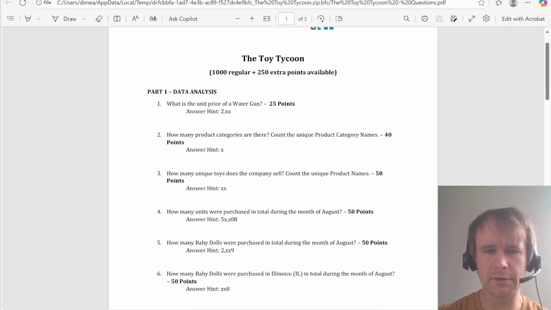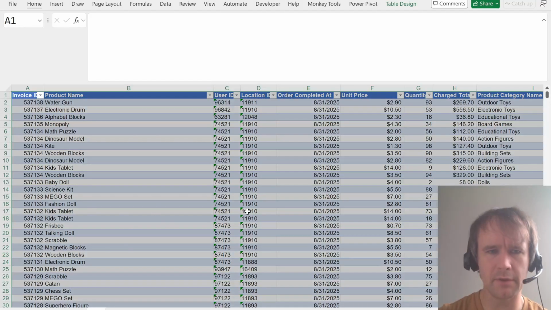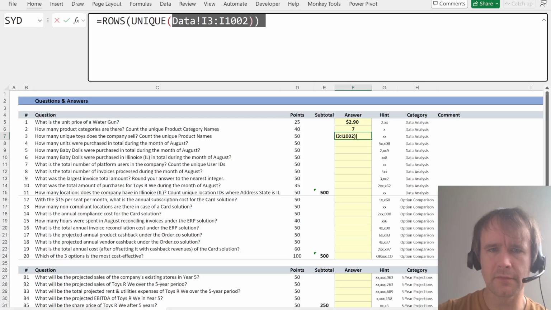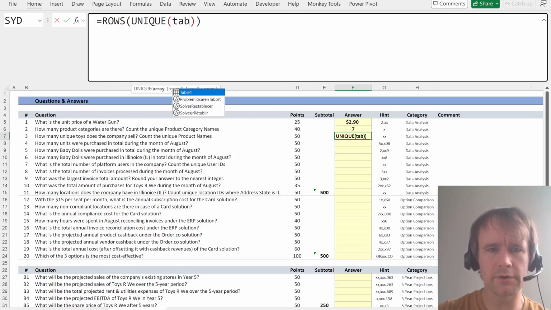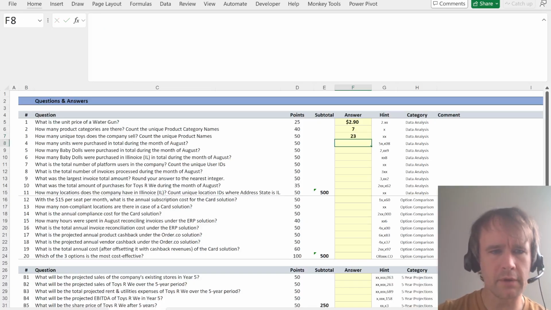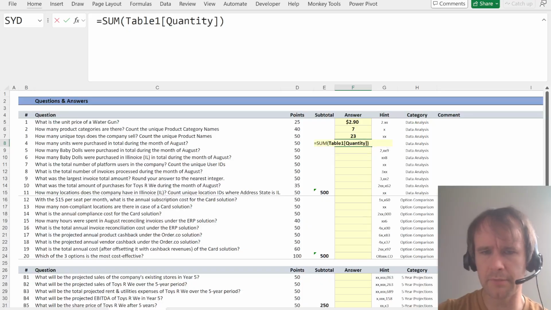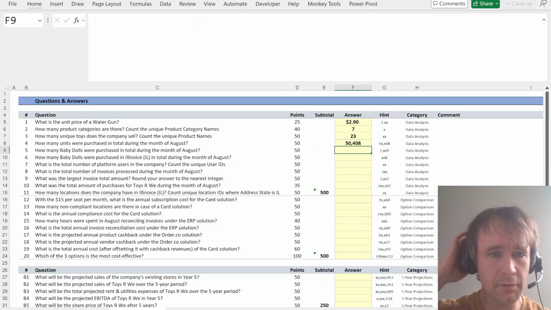How many unique toys does the company sell? Count the number of unique product names. Fine. So rows of unique of. I shouldn't have called it table 1, but never mind. Product name. 3. Okay. How many units were purchased in total? Sum of table 1 quantity. Yes.